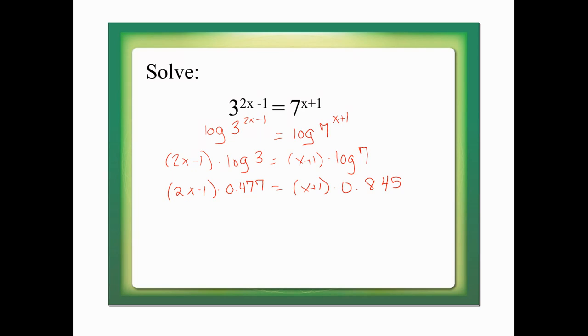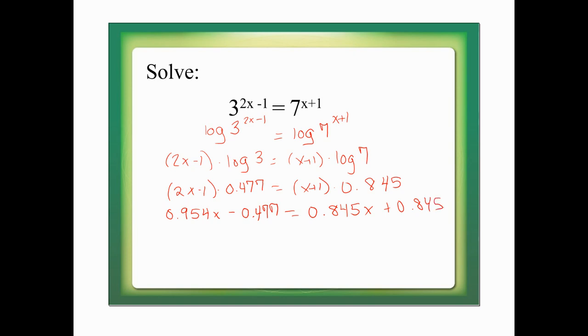I'm going to distribute, so 0.477 times 2 gives me 0.954x minus 0.477 equals 0.845x plus 0.845. And now we're just going to solve.